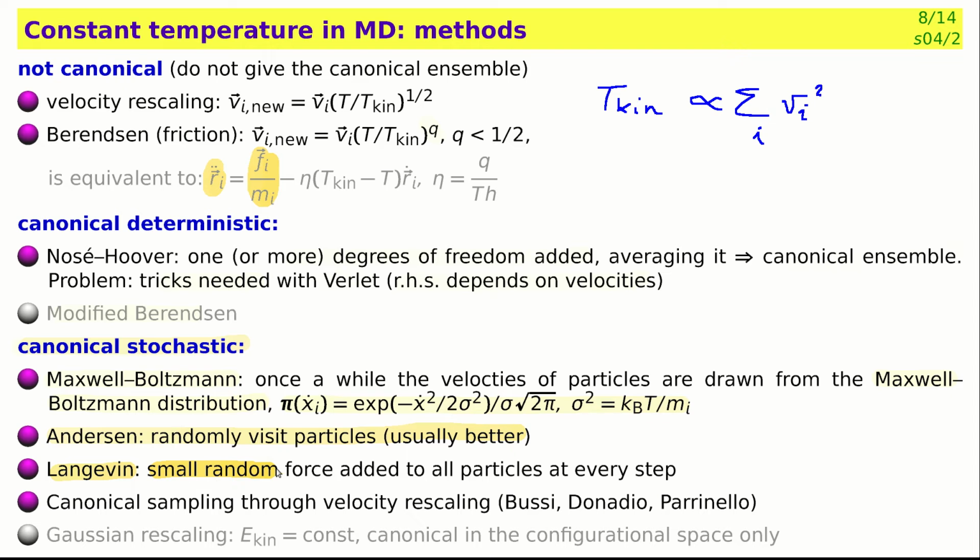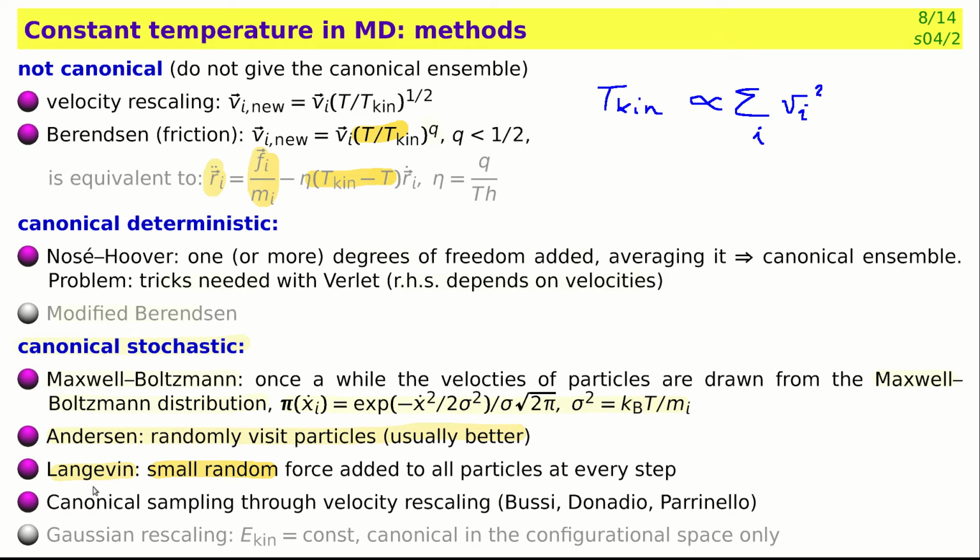We must combine a random force added, because such a process adds energy to the system, and a sort of friction, like this term or this term, because we must cool this system because of this energy added, and we must balance these two actions to get the correct temperature. There are formulas for this.